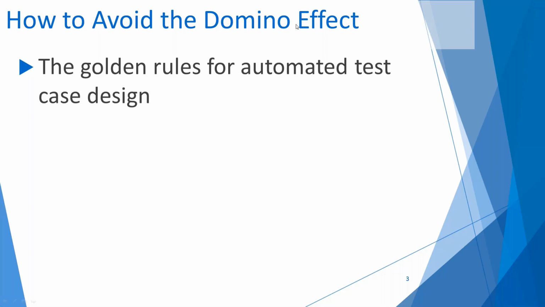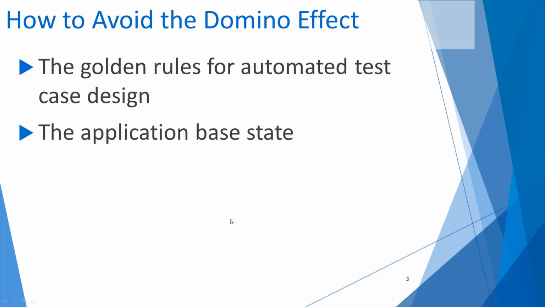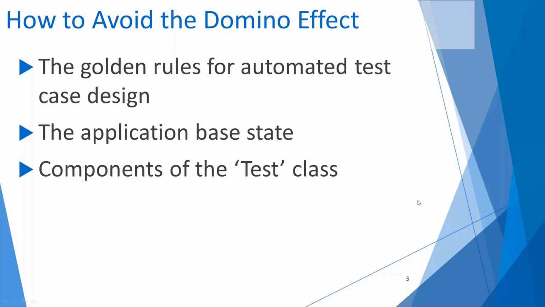To do that, I'm going to talk about what I consider the golden rules for automated test case design. I'm going to define what we call the application base state. I think base state is a word most of you are familiar with because we have that thing called app states. I'm also going to go into quite a bit of detail about what actually happens when you run a test in AscentialTest, so we're going to examine the test class.